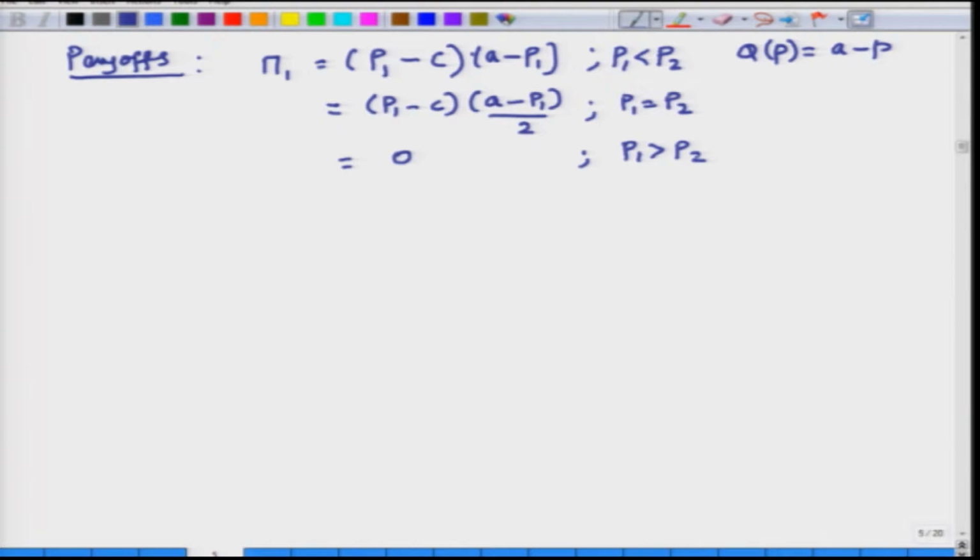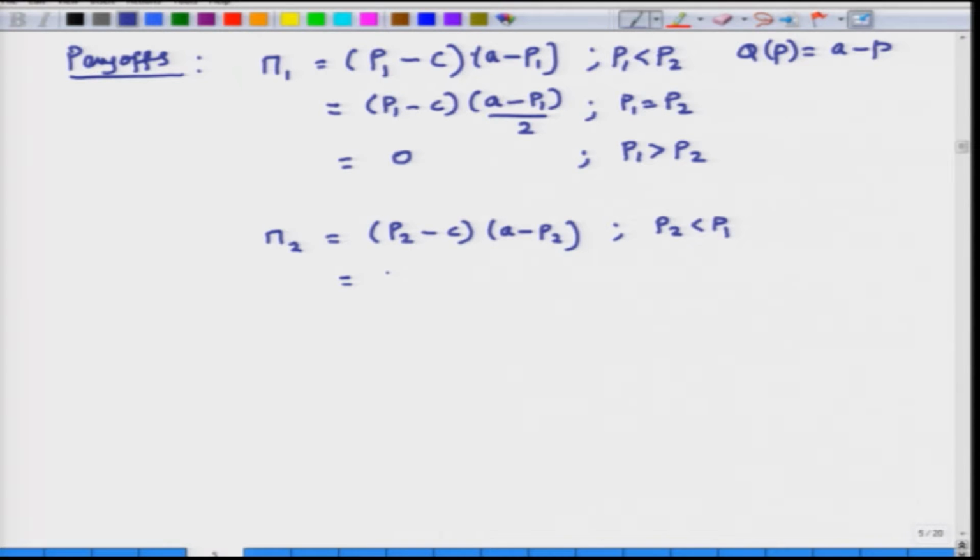And for completeness, let us also write down the profit of firm 2. Firm 2's profit again is total revenue minus total cost. That is P2, the price that it charges, minus the marginal cost, times the quantity that it sells. The quantity that it sells will be A minus P2, provided P2 is less than P1. If the price charged by firm 2 is lower than the price charged by firm 1, then it gets the entire market demand.